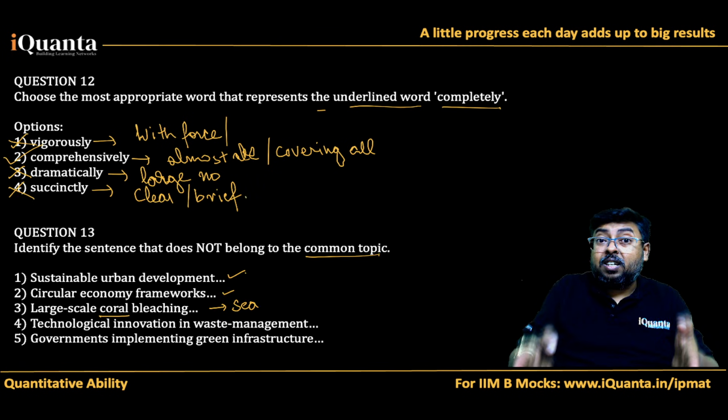The structures that are made, the frameworks that are made are all about green, as in carbon emissions and sustenance and other stuff, right? So definitely the only odd one out which is completely different is three, which is talking about the sea, the marine life, and bleaching them or something. So third is the right answer. Okay, easy as that. Fine.